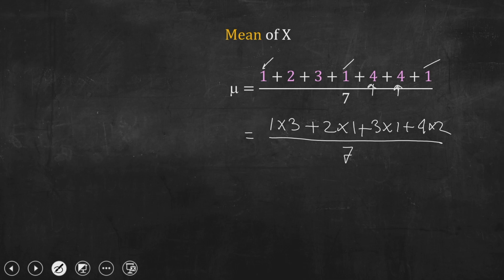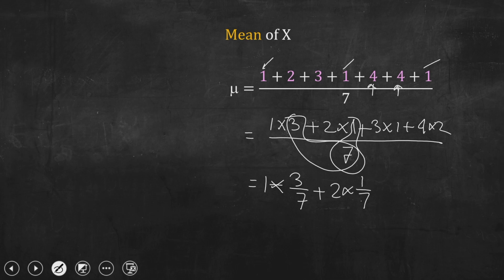Now, if I take 3 by 7, or 1 by 7, I can write it as 1 into 3 by 7, plus 2 into 1 by 7, plus 3 into 1 by 7, plus 4 into 2 by 7.